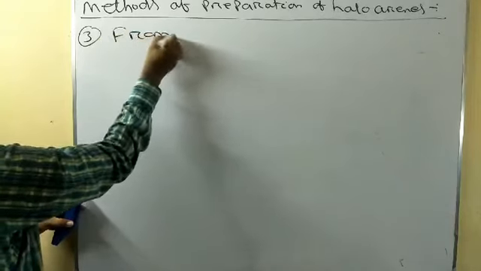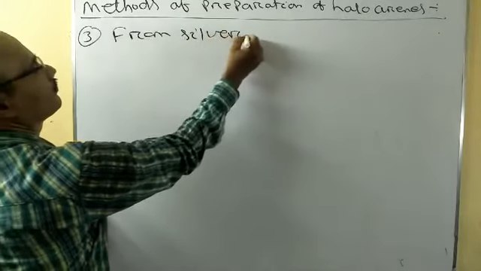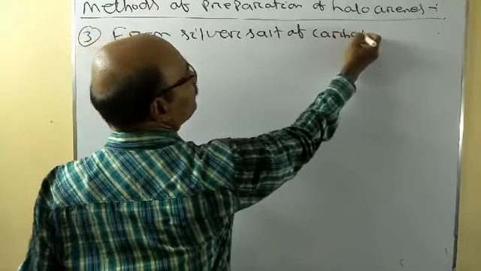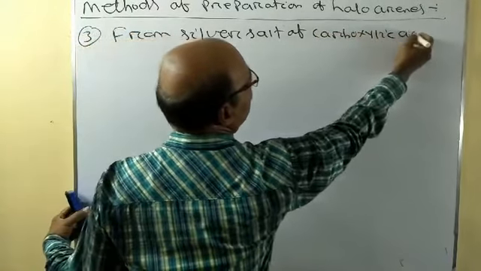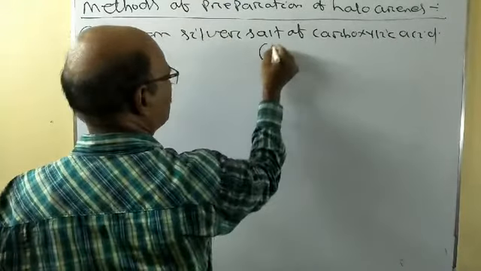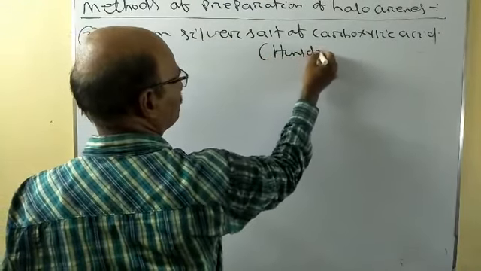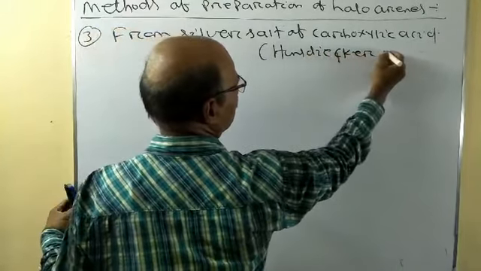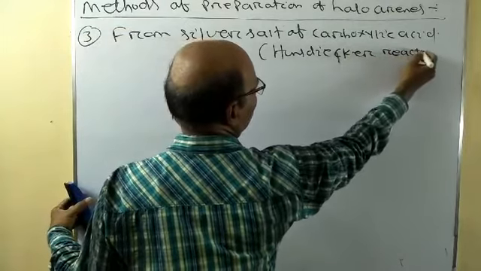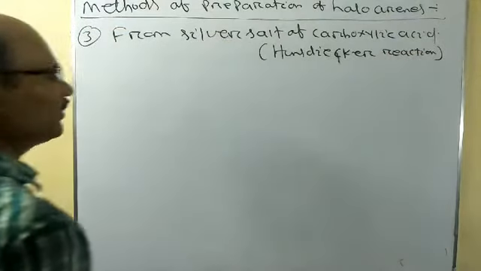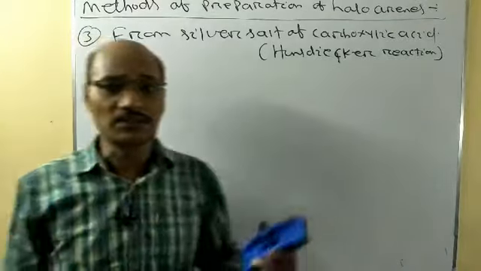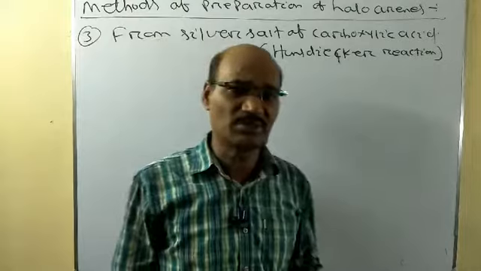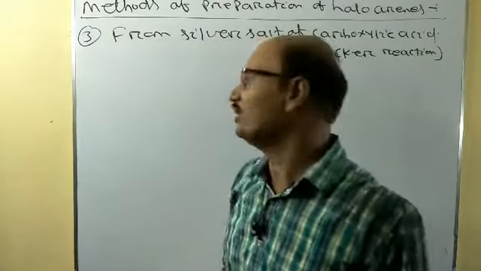From silver salt of carboxylic acid, Hunsdiecker reaction. Like we have prepared the haloalkanes, the same process. In haloalkane, we have taken the silver salt of carboxylic acid. Here also we will do the same thing.